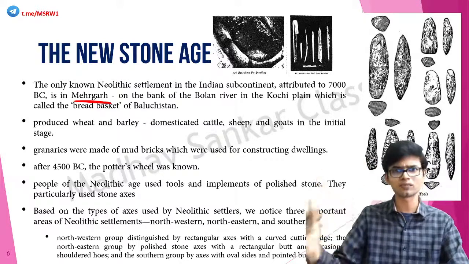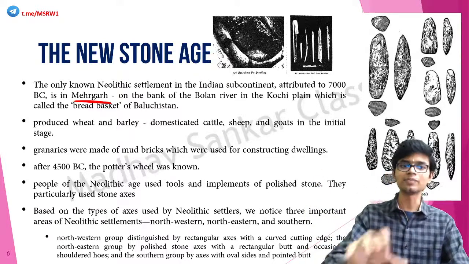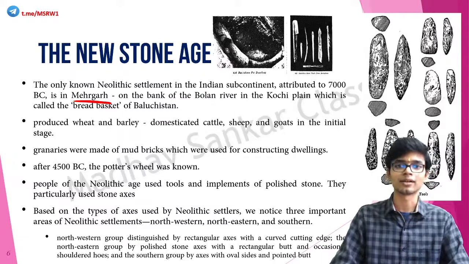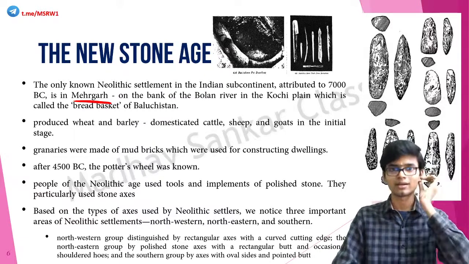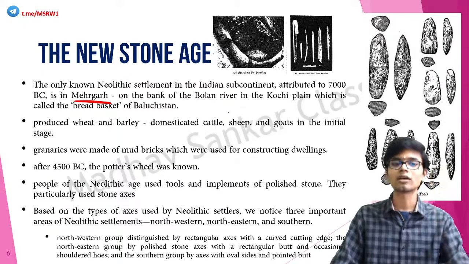There are other Neolithic sites obviously, but in this time frame, it is only one, Mehergarh. And Mehergarh is right now not in India. It is actually in Pakistan now.